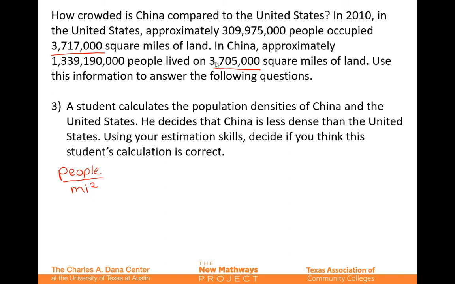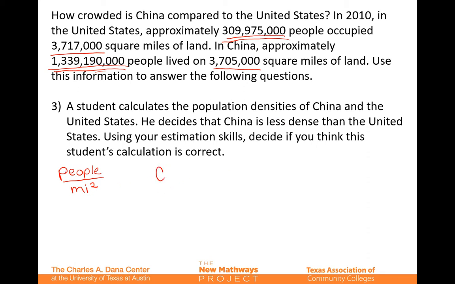But China's population is much, much larger. China has a population that's over 1 billion, whereas the United States population is only about 310 million. So I think this student is clearly wrong.